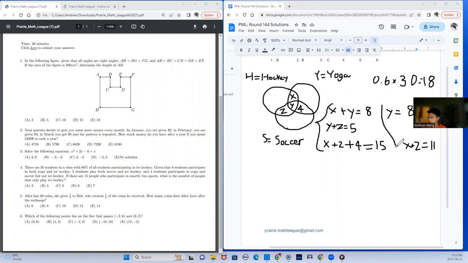And Y plus Z equals 5 can be set as Z equals 5 minus Y. So we're going to put the first 2 equations, Y equals 8 minus X and Z equals 5 minus Y, into the third equation, X plus Z equals 11.